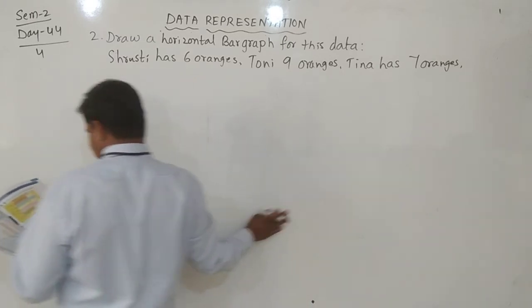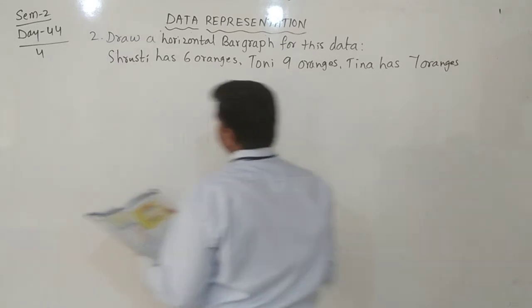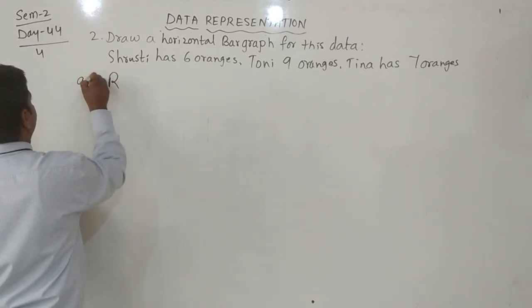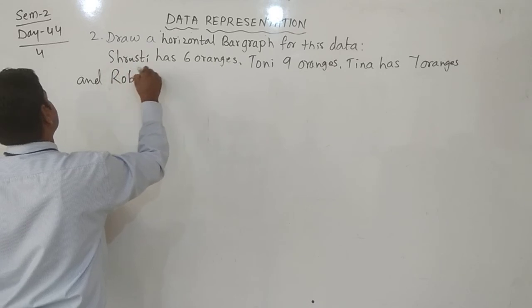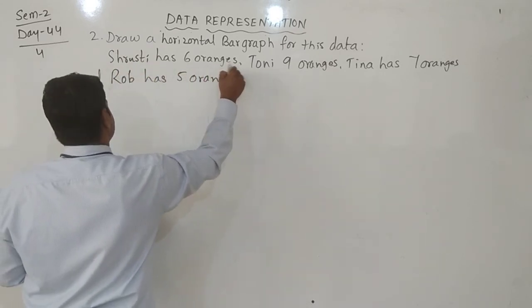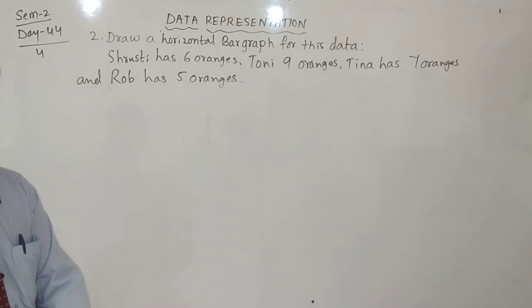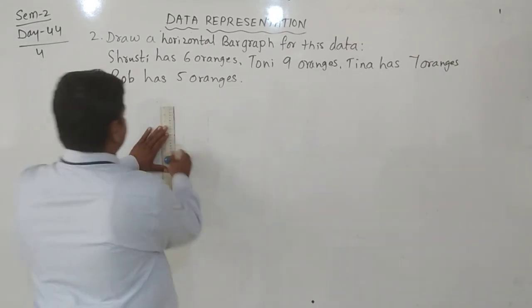And Rob has 5 oranges. You draw a bar graph for the given data. This should be horizontal. Horizontal means along the horizontal line.